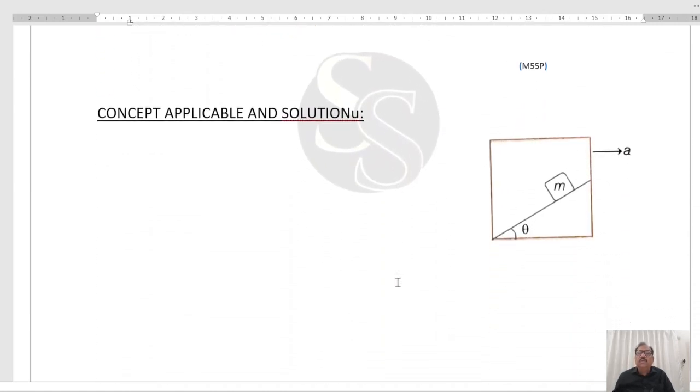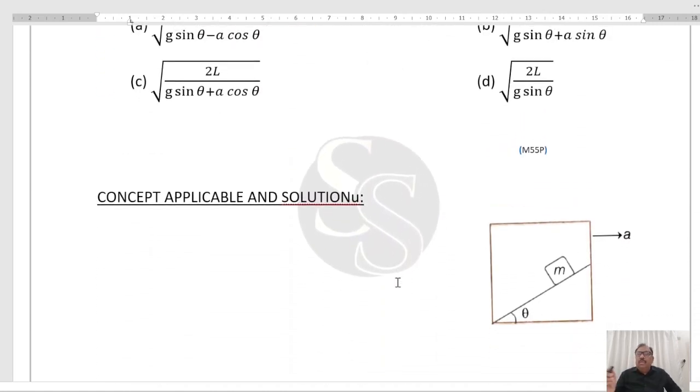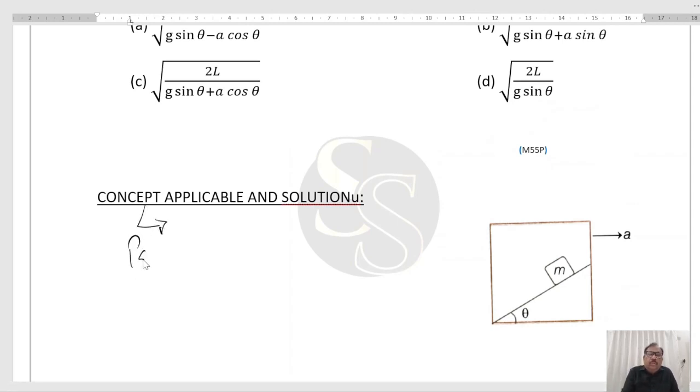Concept applicable and solution. One is pseudo force, F_P.